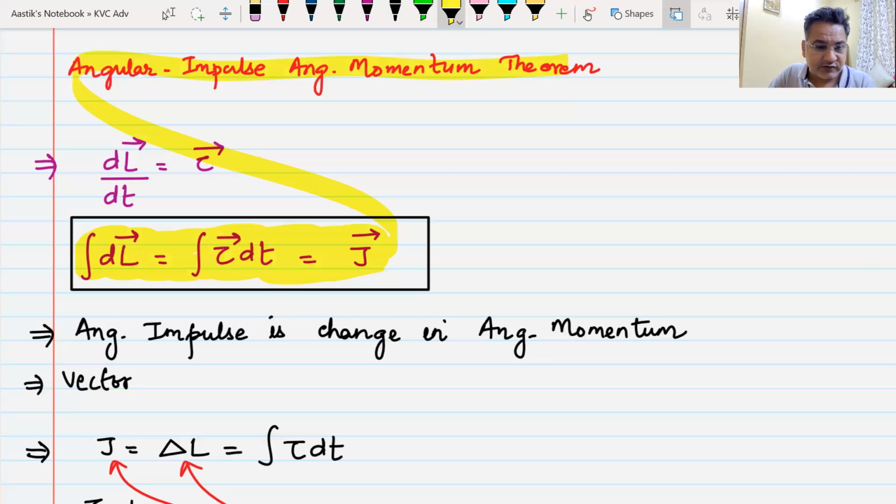Did I use this mother and daughter anywhere else? Mother theorem is applicable everywhere. Daughter theorem is only applicable in certain cases.